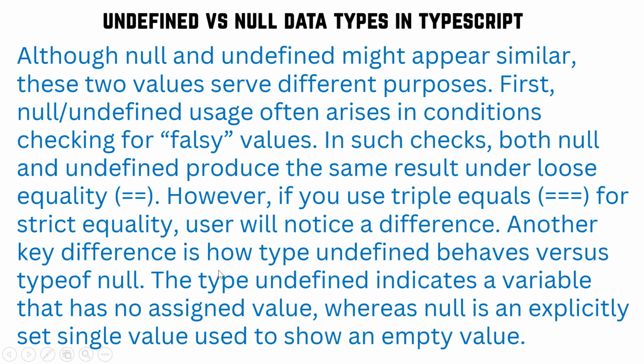Another key difference is how typeof undefined behaves versus typeof null. The type undefined indicates a variable that has no assigned value, whereas null is an explicitly set single value used to show an empty value. This is the primary difference between null and undefined. Because in a couple of scenarios you need to make something an object null. After that, later you can deal with this value.